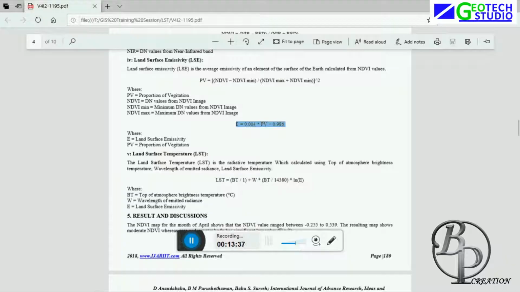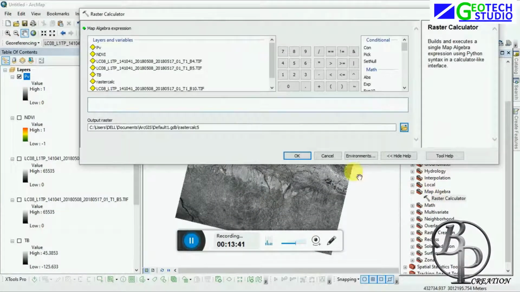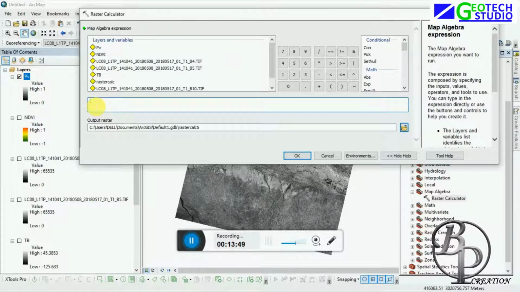After this we are going to calculate land surface temperature. Now I am going to run the raster calculator again and use the land surface emissivity formula in our map algebra expression. 0.004 into our PV, double click on that, plus 0.986, and after this we can get our land surface emissivity value.